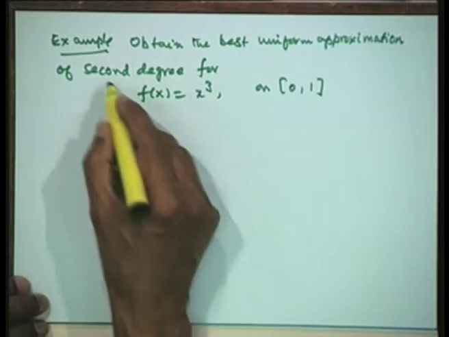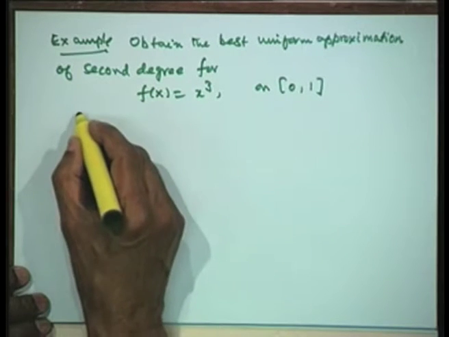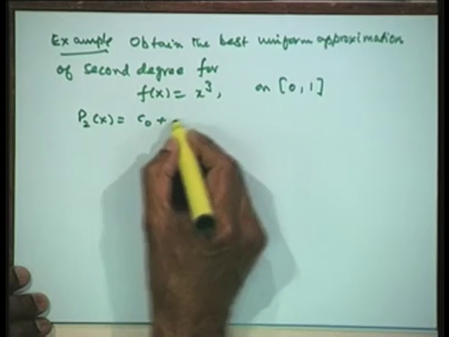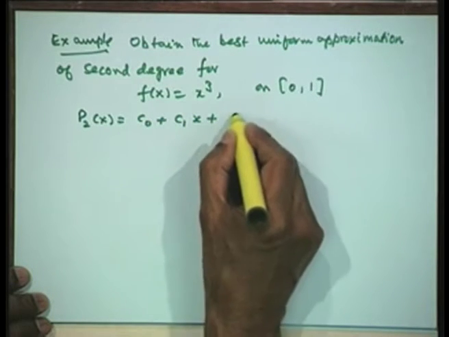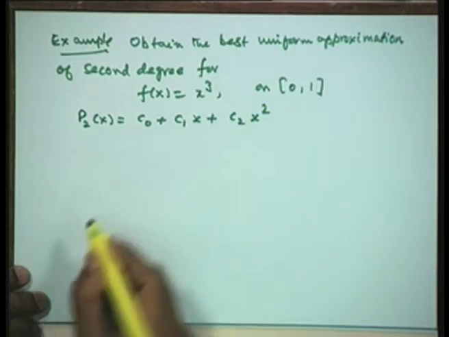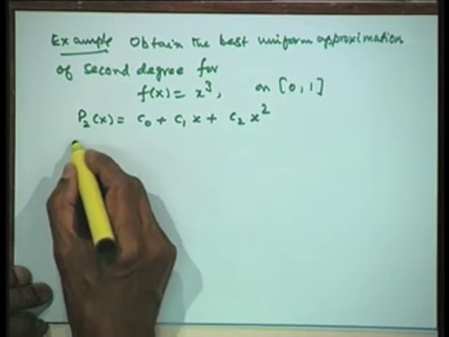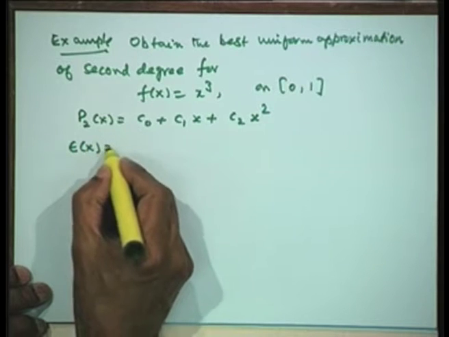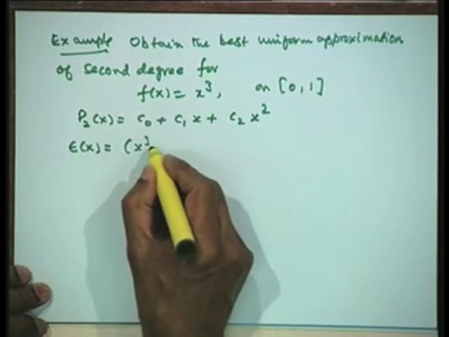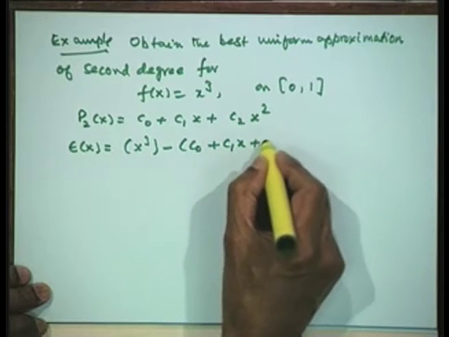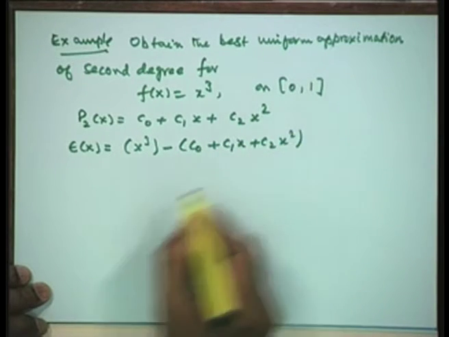Now I need to consider a polynomial of degree 2, therefore I will consider p 2 x as my polynomial c naught plus c 1 x plus c 2 x squared, and error is equal to x cubed minus c naught plus c 1 x plus c 2 x squared.